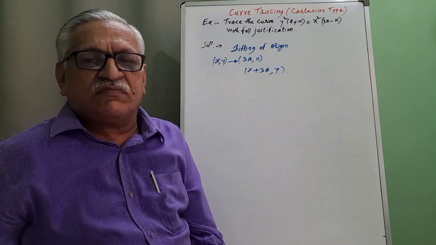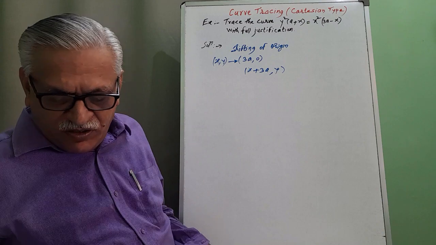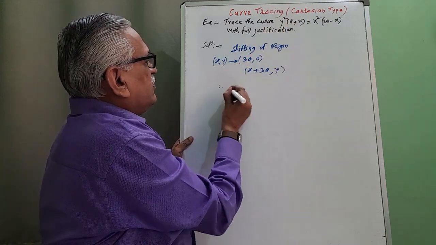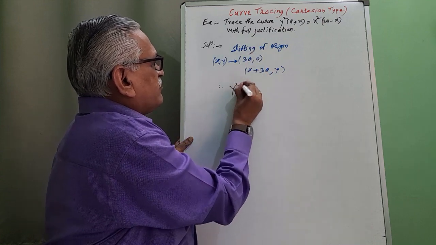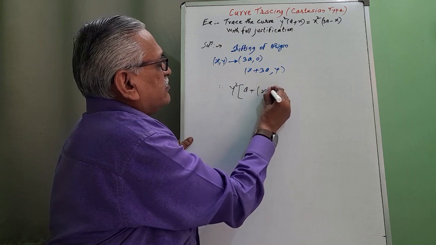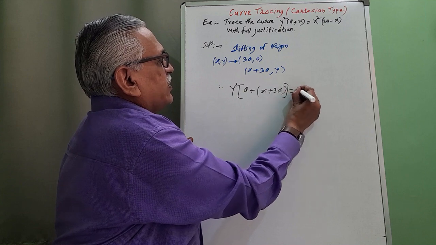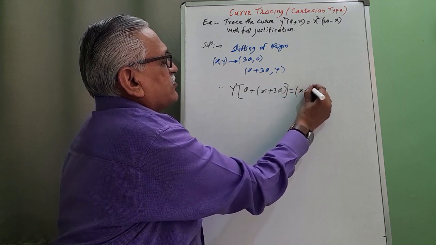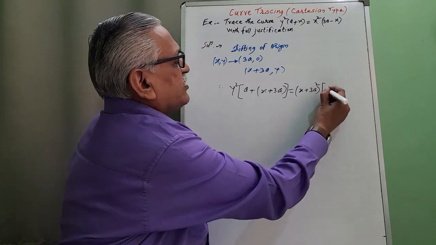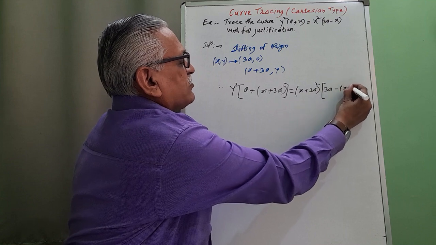And as curve passes through this point, that point lies on that curve, and as it lies on the curve, it will satisfy that equation, and therefore we get a new equation as y square into a plus x, x is x plus 3a, is equal to x square, x plus 3a whole square multiplied by 3a minus x, x is x plus 3a.